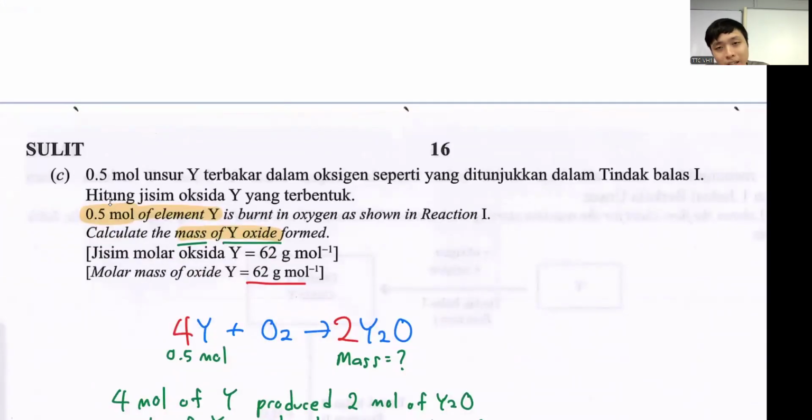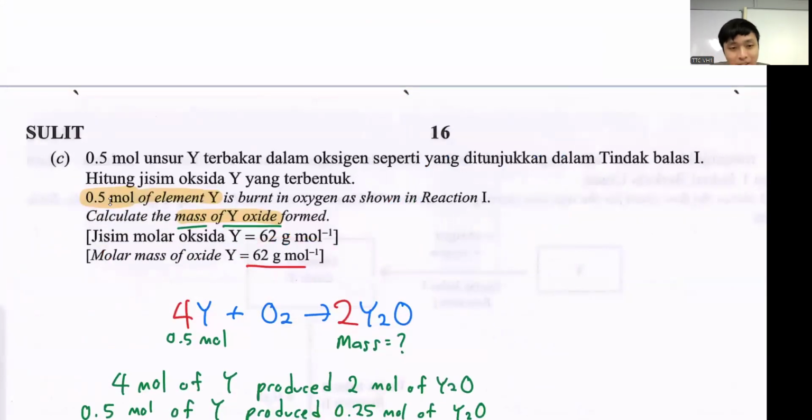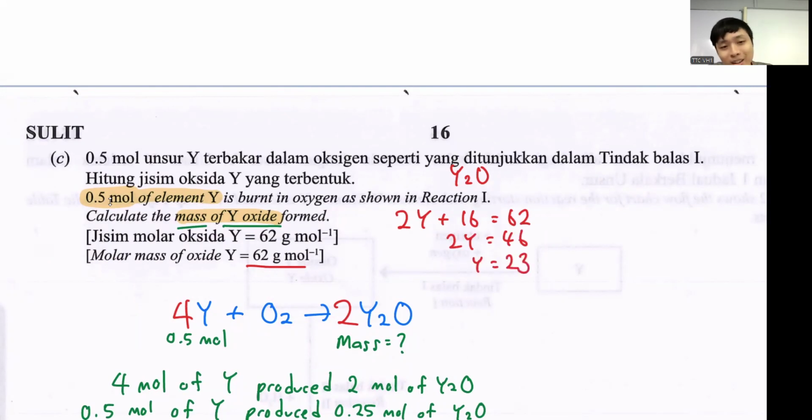Some people, if they are intelligent enough, can use this to find what is the element for Y. Actually Y is sodium in this case. Because you can imagine Y2O, it means 2Y plus 16 equals to 62. 2Y equals to 46. Y equals to 23. RAM 23 is sodium.